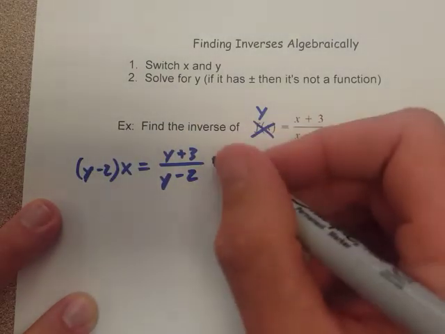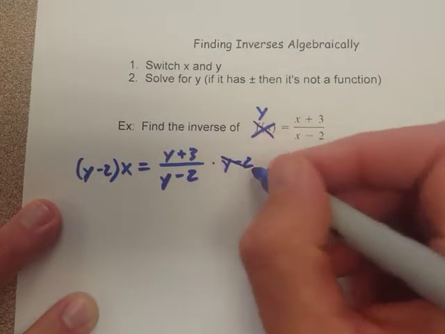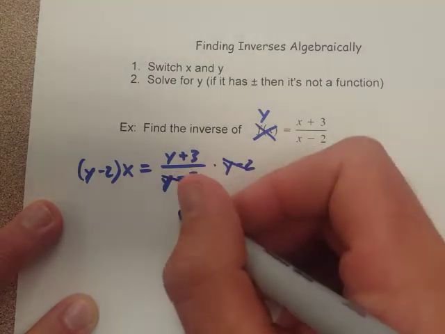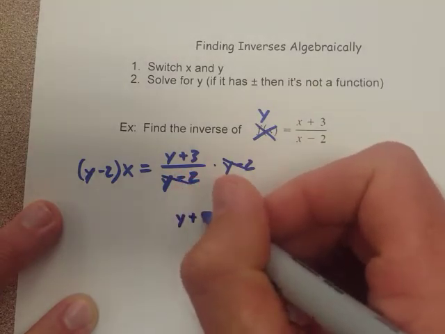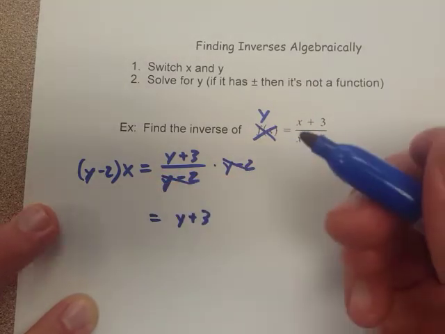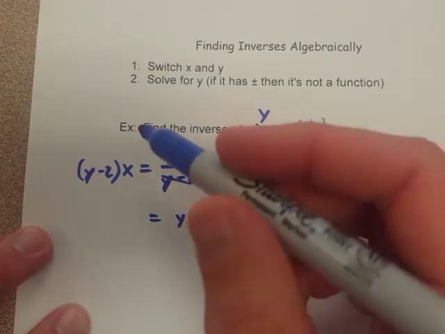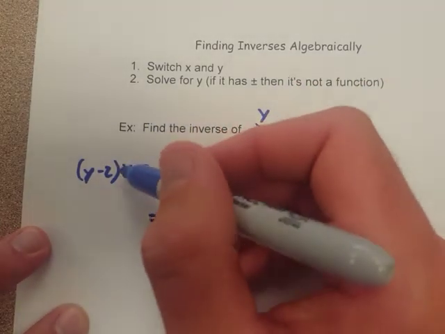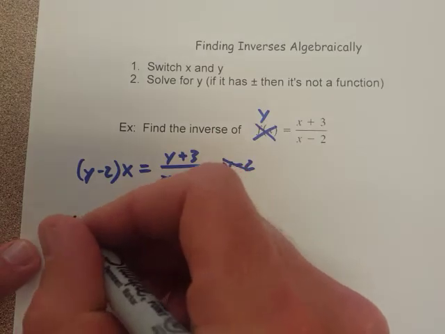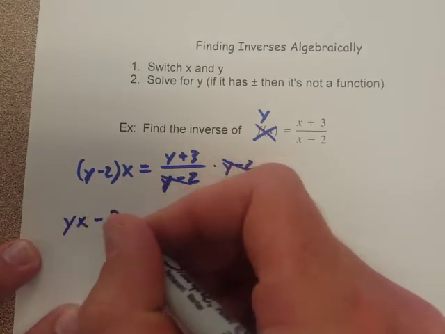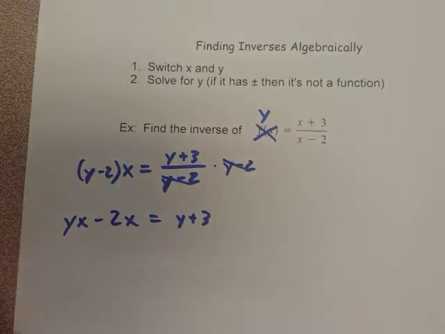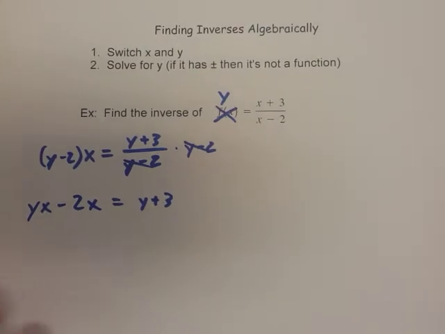No one likes fractions. Let's get rid of those. So that will mean y minus 2 cancel out. We'll be at y plus 3 over here. Over on this side, I'm going to distribute the x to those two, so I'll have yx minus 2x. That just gets everything out in the open and we can go from here.